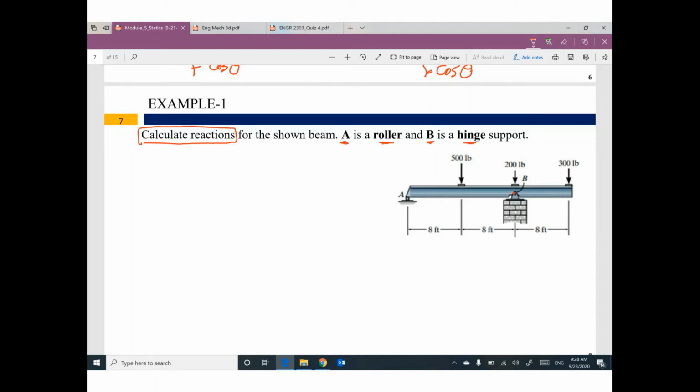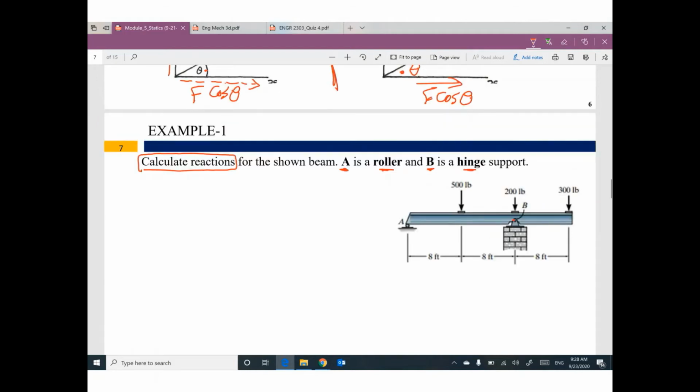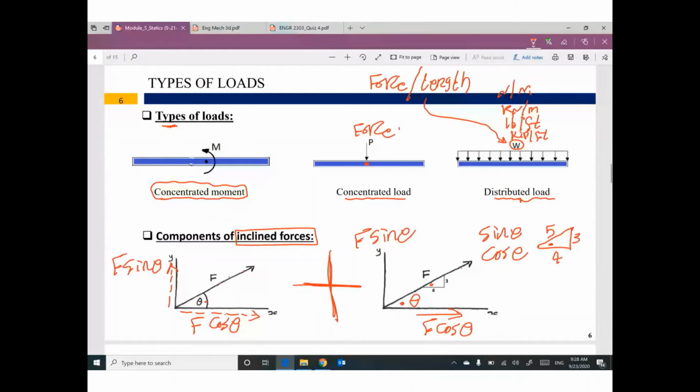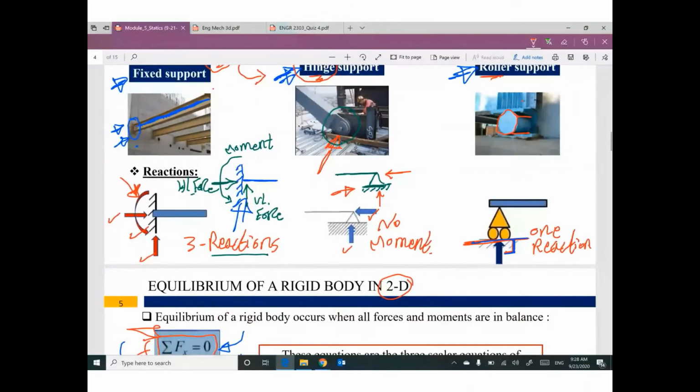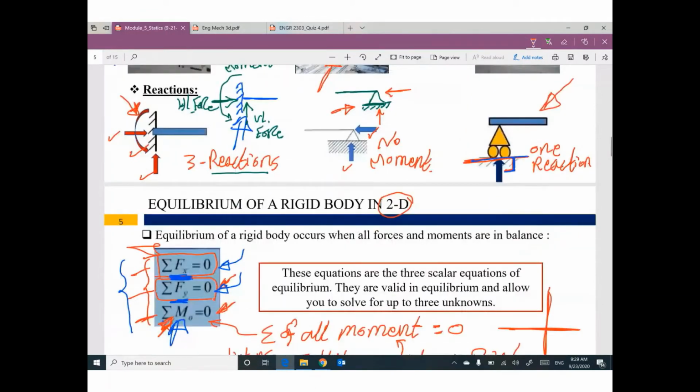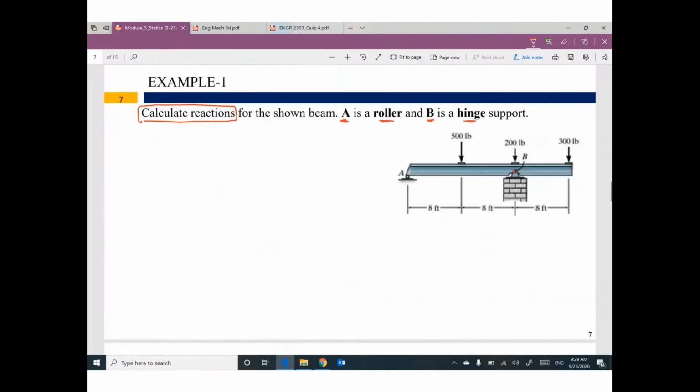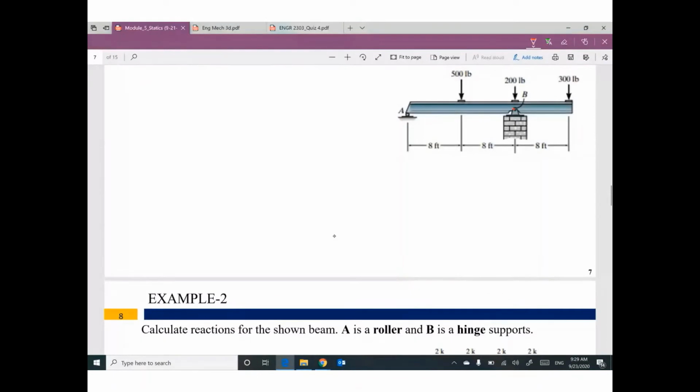So if you have a roller support, how many reactions do you have? Only one. Which direction? Vertical or horizontal? Perpendicular to the base of the roller.